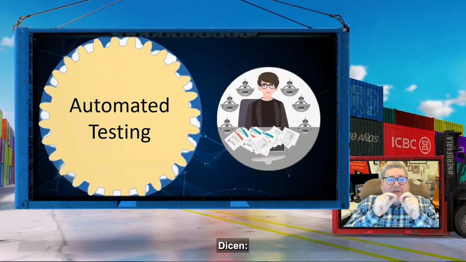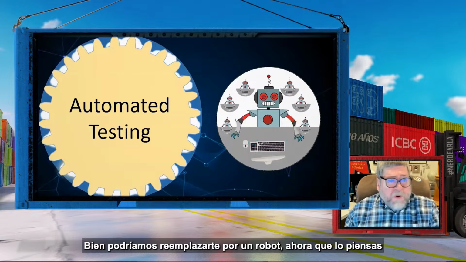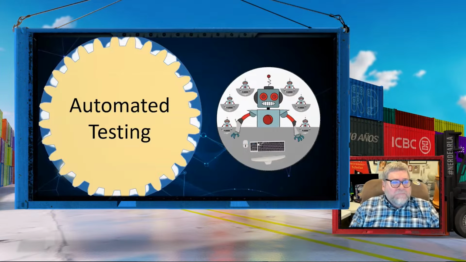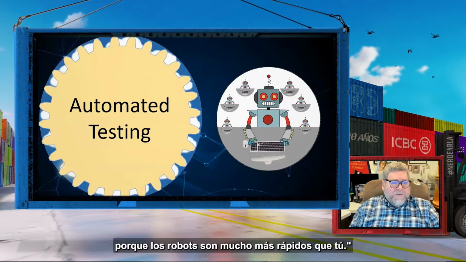And then if you push back on that, if you say, I think that we need more human testing, then they look at you like you're crazy. Because they say, why would you want to do what robots do? Robots do it so much faster than you do. We might as well replace you with a robot, come to think of it, because robots are so much faster than you.